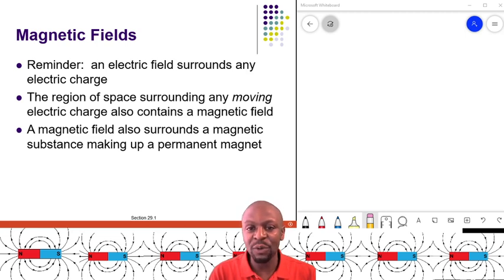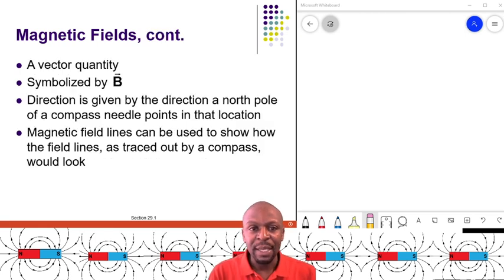The magnetic field also surrounds a magnetic substance making up a permanent magnet, as I've shown you on the whiteboard. The magnetic field is a vector quantity, and we use the symbol B to denote the magnetic field, like we use E to denote the electric field.